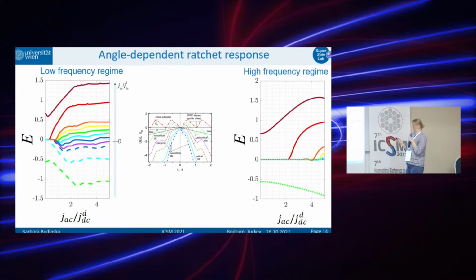Now the ratchet effect: where we can best observe it is when we look at the plots of the voltages plotted against AC current. Very interestingly, the solid lines are positive DC currents, and we can see that even at positive DC currents we have negative voltages here. That is exactly the consequence of this hard slope and this easy slope.